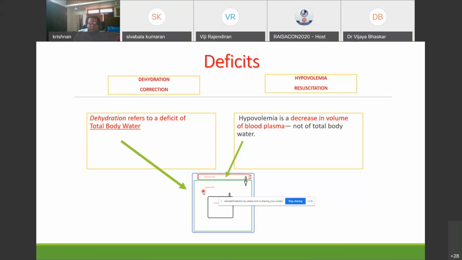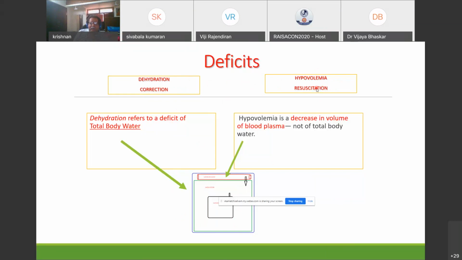Dehydration is a loss of fluid in the interstitial or intracellular space along with some kind of electrolyte imbalance. So you have to differentiate between dehydration and hypovolemia. Hypovolemia is life-threatening. So in a situation like this, correction of dehydration can be done slowly, but correction of hypovolemia should not be done slowly.